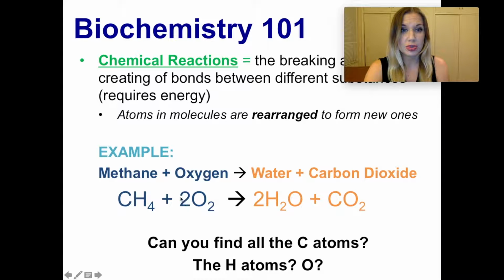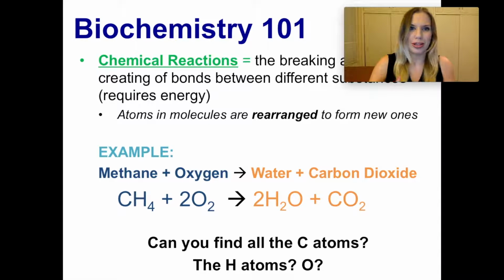It literally bonded to a second O2 molecule. That's what this number on the left means. It means that there's two oxygen molecules. Two atoms of oxygen are bonded together, and then two of those are bonded together. So yeah, in chemical reactions, we're just rearranging atoms. We're breaking and forming new bonds.